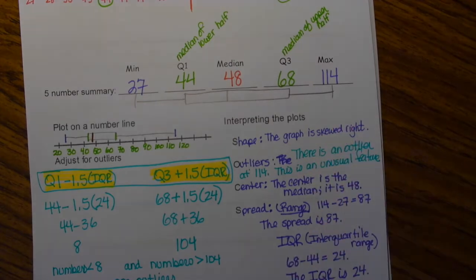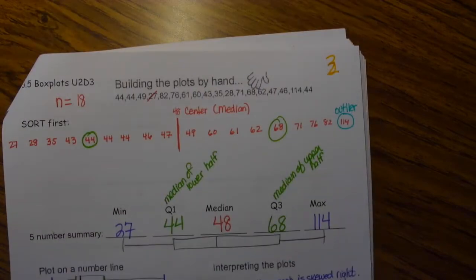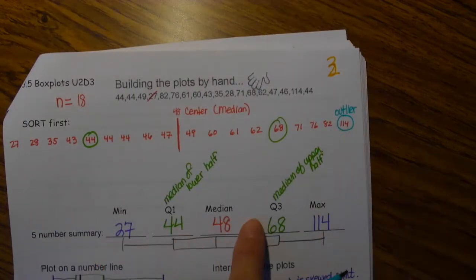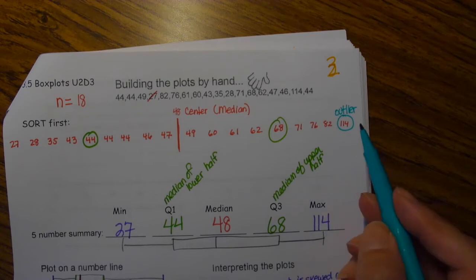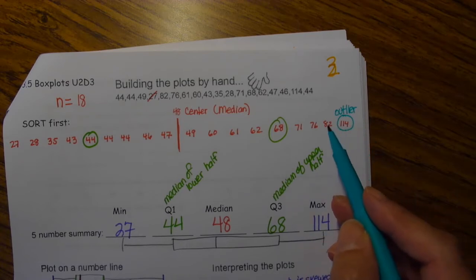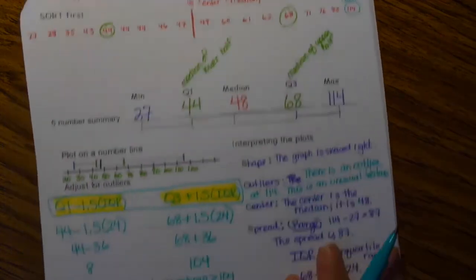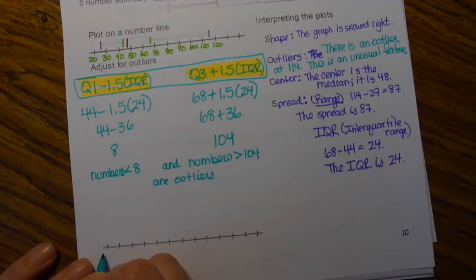Once we have our outlier, we're going to redraw our plot and put the outlier out there. This time, we're going to keep all these numbers the same, except for our maximum with our whisker on this side. Instead of using 114, we're going to use 82. We're going to pretend that 114 isn't there. So we're going to re-sketch this. Let's remake our scale.